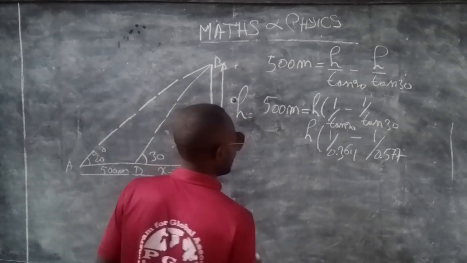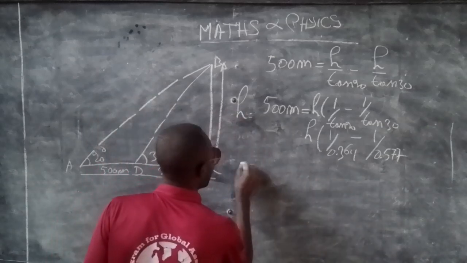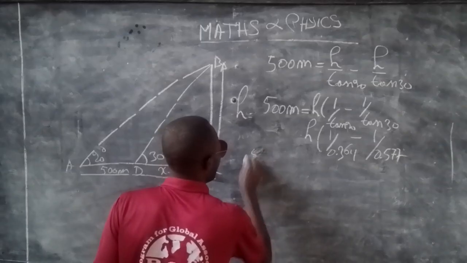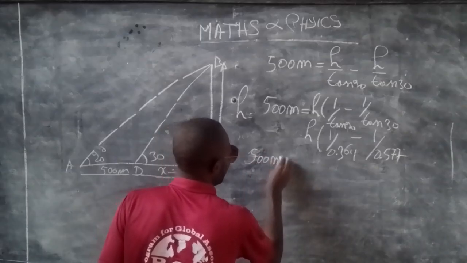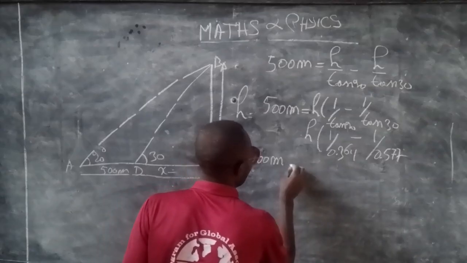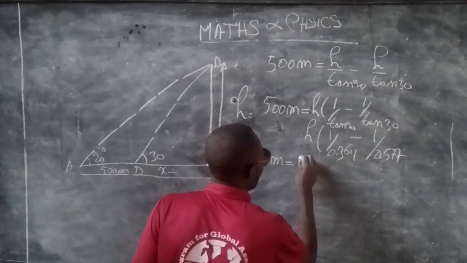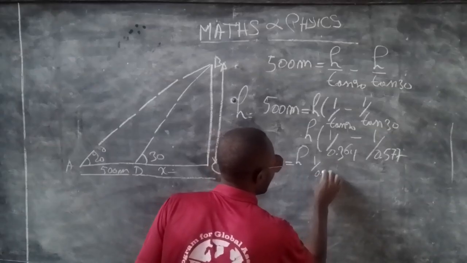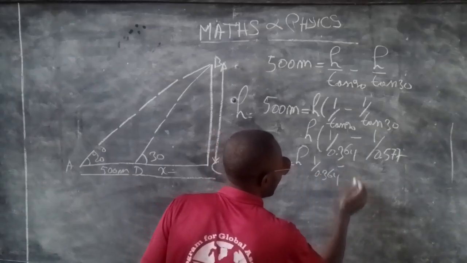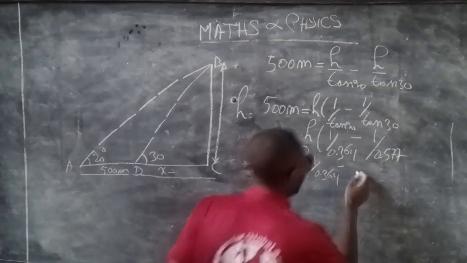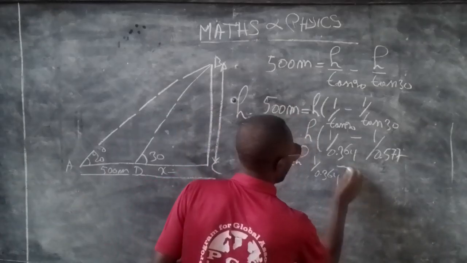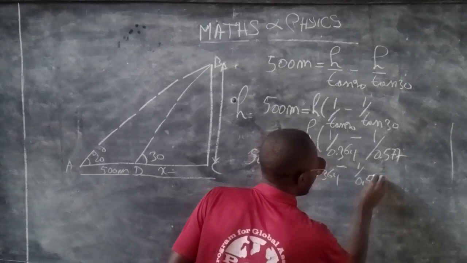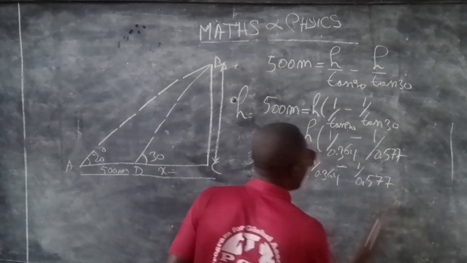So let's see. Here we have 500 meters equal to h times (1 over 0.364 minus 1 over 0.577).